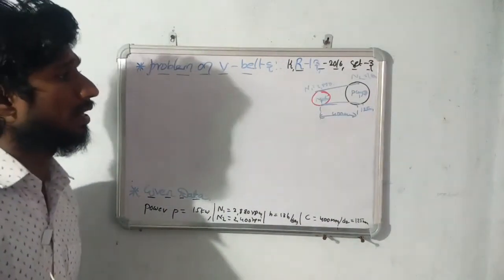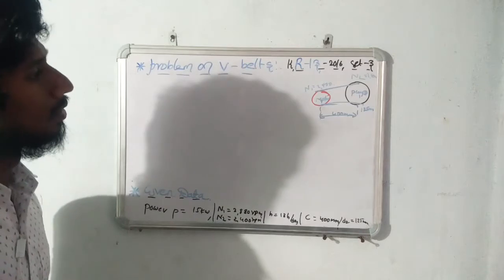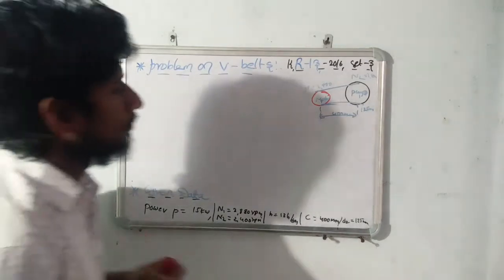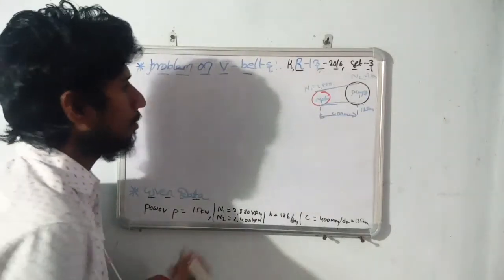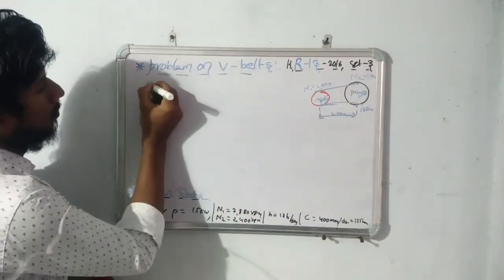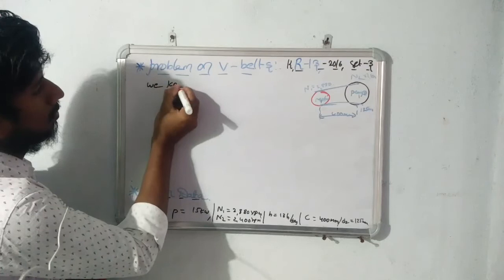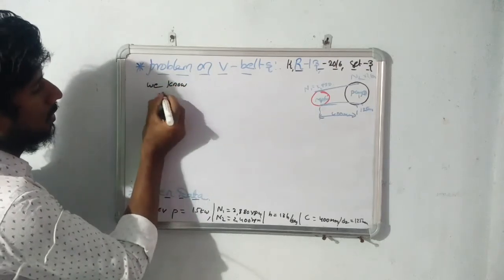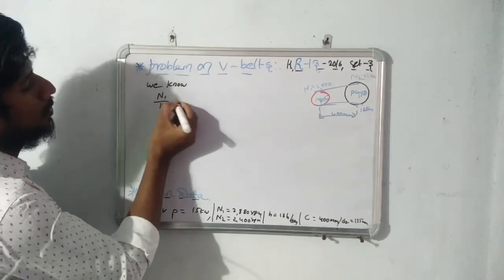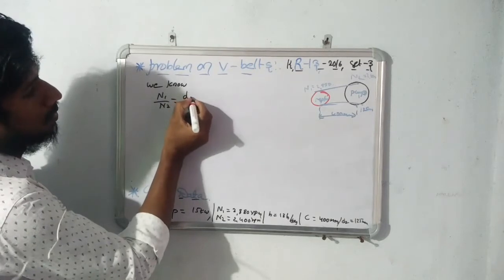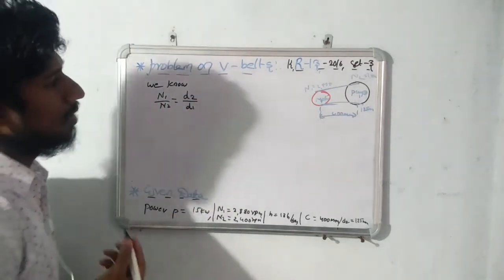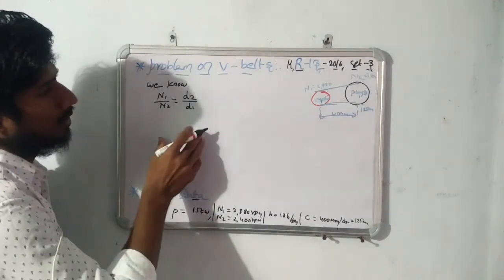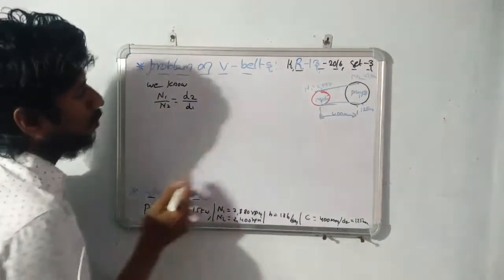Based on the data, first of all, we are going to find the diameter of the motor pulley. For that purpose, we know N1 by N2 equals D2 by D1. With the help of this, we are going to find the diameter of the motor pulley.